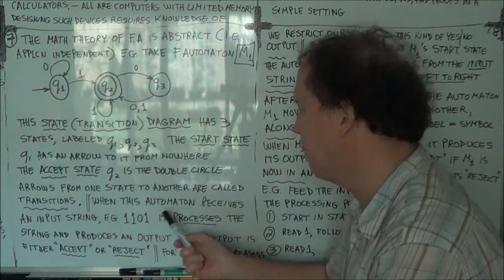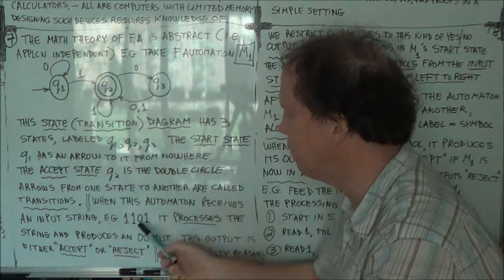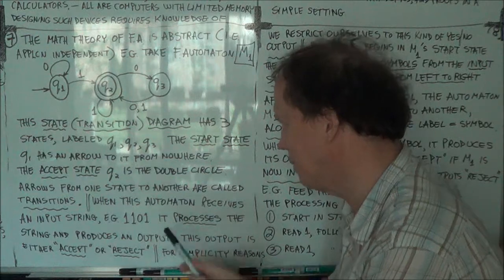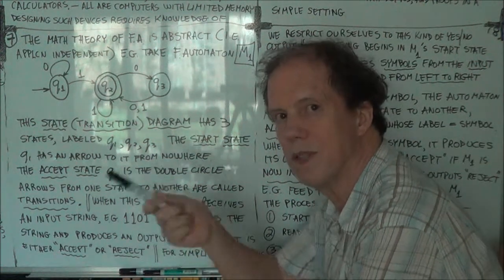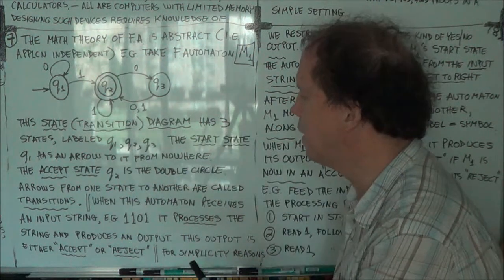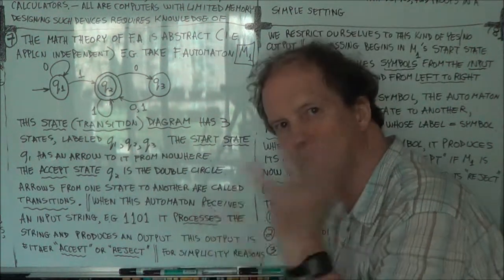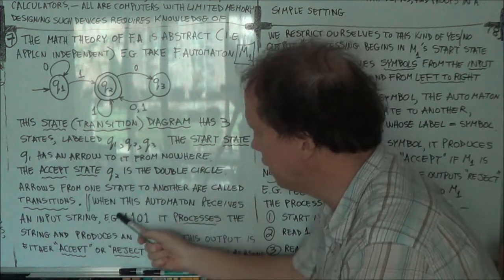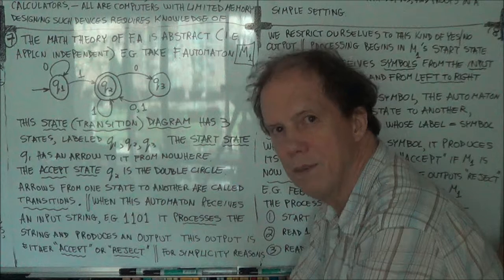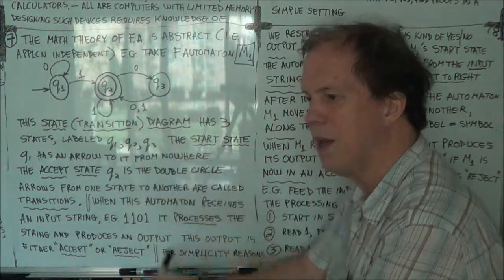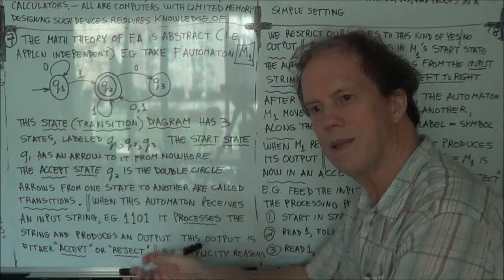So this automaton, this machine, is in fact processing this sequence of signals, this string. Right? So this automaton is processing in some sense. I'll explain what that means in a minute. This automaton is processing this string of symbols, and then the automaton makes some kind of decision.